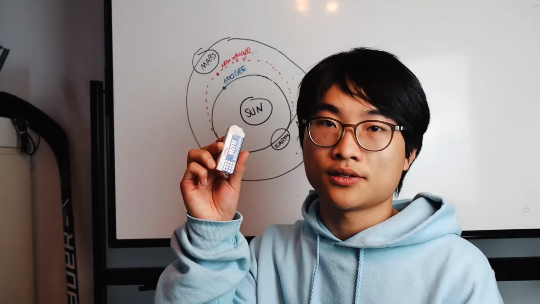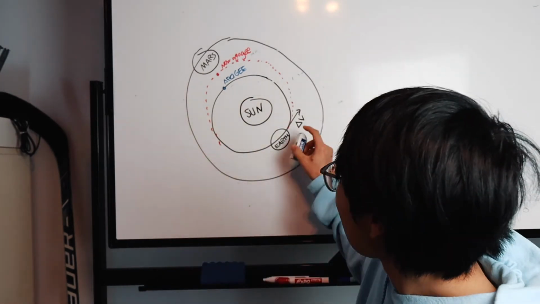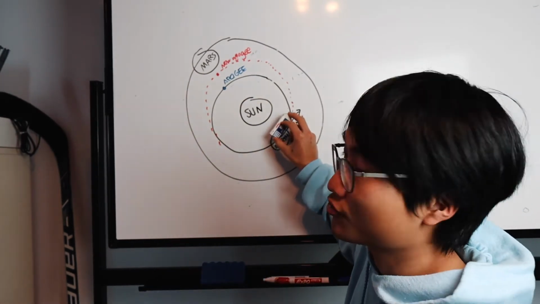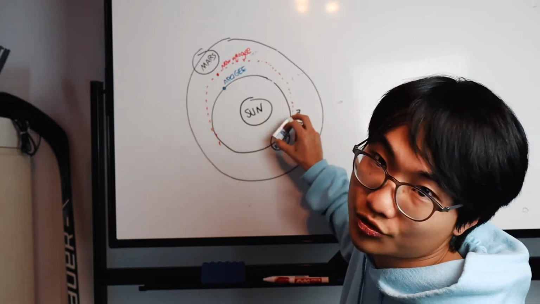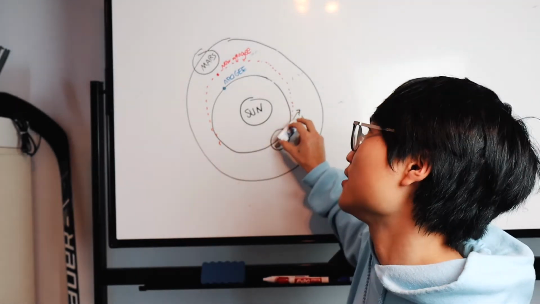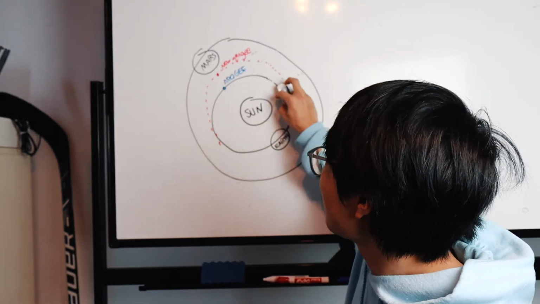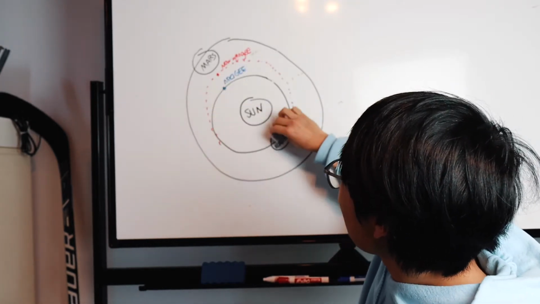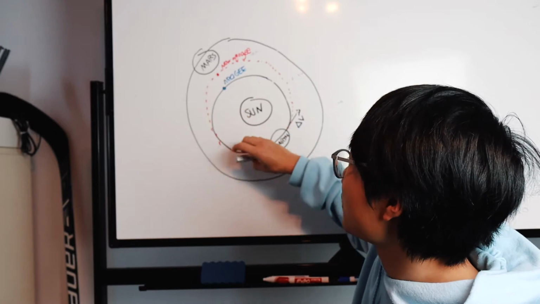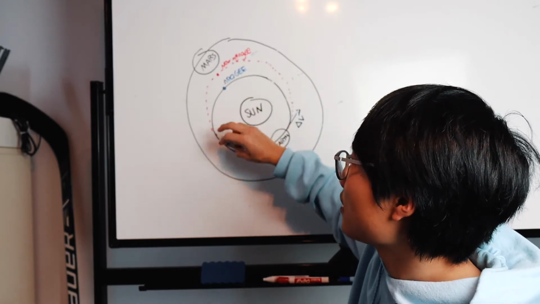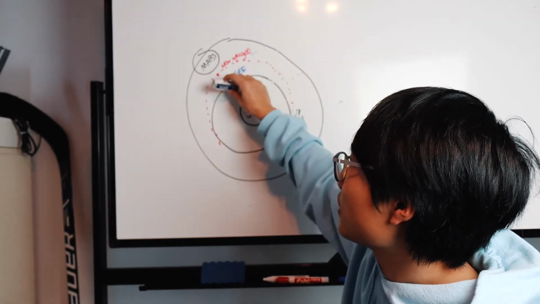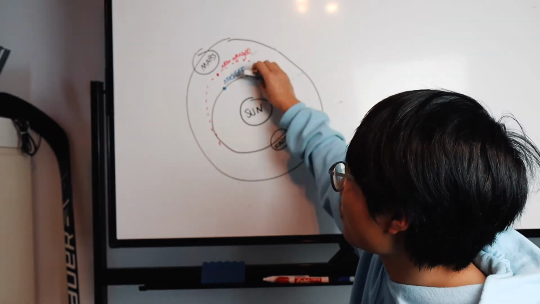So let's say this eraser is Hermes. We start from the Earth. We try to transfer to Mars, but in order to do that, we have to increase the velocity. The normal orbit of the Hermes without accelerating would be like this. It will have the same orbit as the Earth. If it's not at an appropriate velocity, it won't intercept Mars.